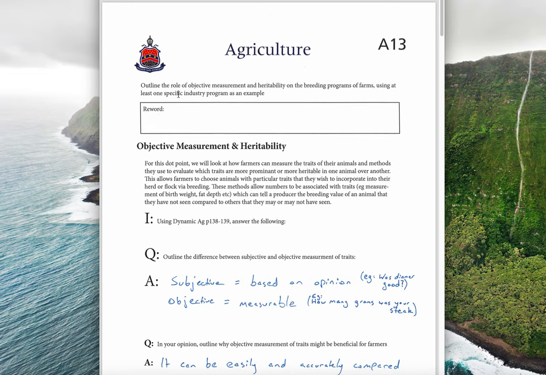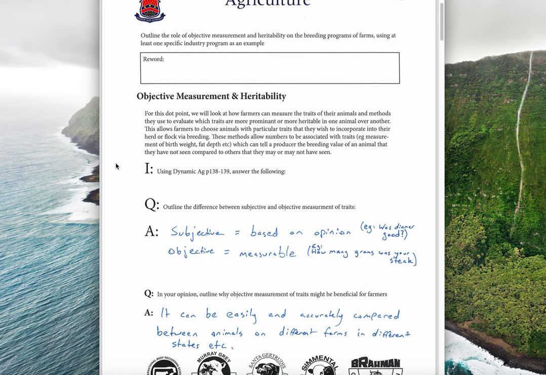And we need to use at least one specific industry program as an example. So that is going to be Breedplan, a system called Breedplan, which was developed in Australia. And we'll also be using EBVs, or estimated breeding values, which are what is used as part of Breedplan. But we'll get onto that in a second.